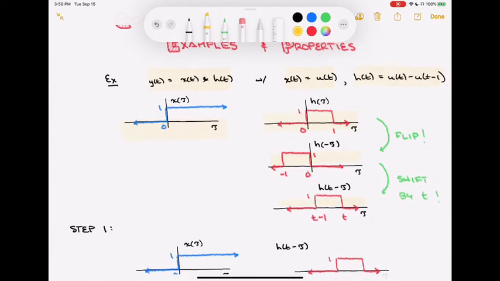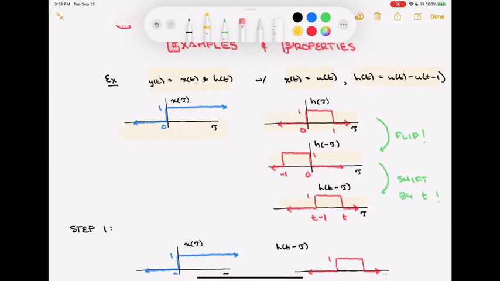The amount of shift depends on the particular value t that we're interested in. Notice that whatever was at value 0 in h(minus tau) becomes a value t in the shifted one, h(t minus tau). That makes a nice, easy way of tracking points. In this plot of h(t minus tau), we should always label the edges with the corresponding values.